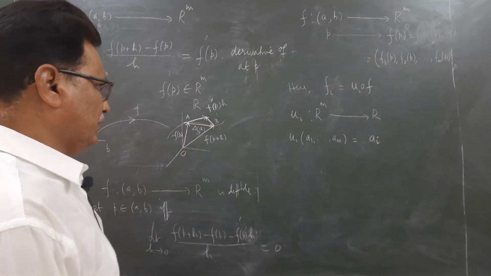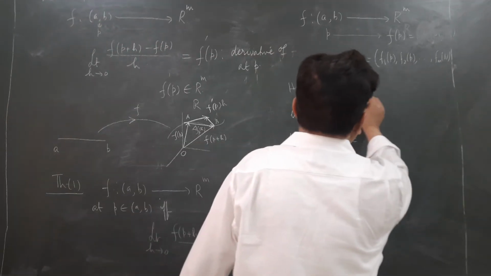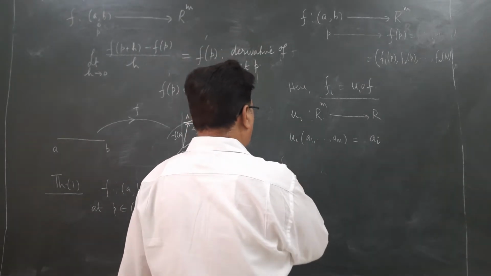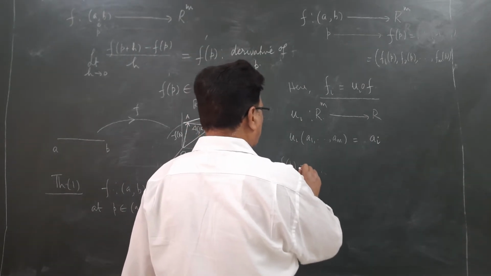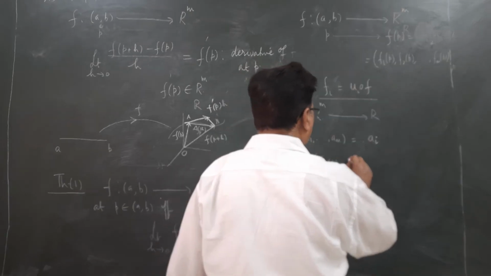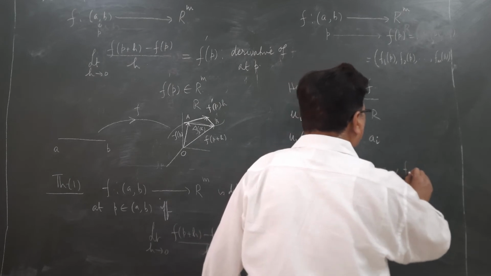This is how these coordinate functions work. So each fi is defined like this. Now f of p is this much. It is f1 of p, f2 of p, up to fm of p.